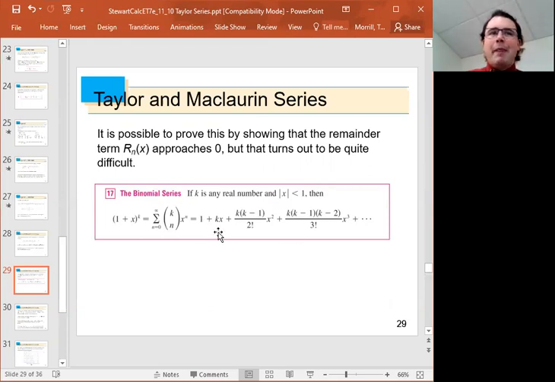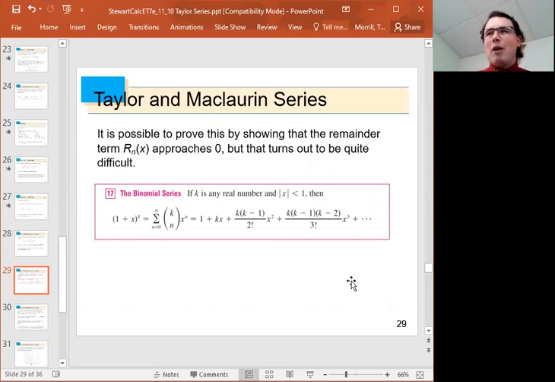Start at 1, add k times x, then add k times k minus 1 divided by 2 factorial times x squared, then add k times k minus 1 times k minus 2 divided by 3 factorial times x cubed.